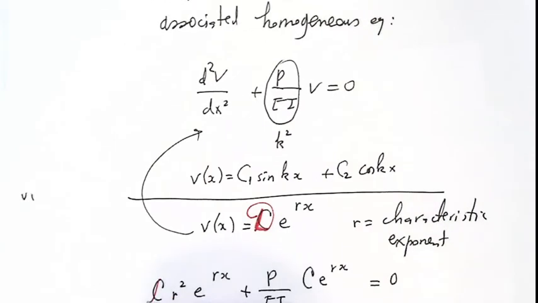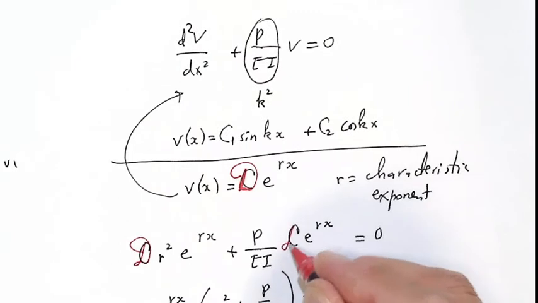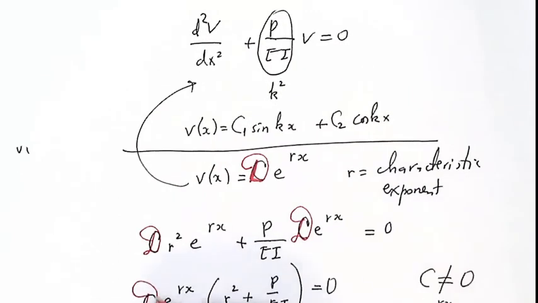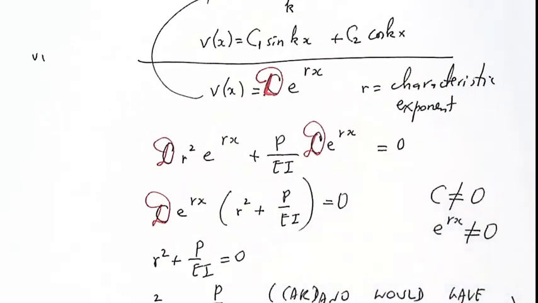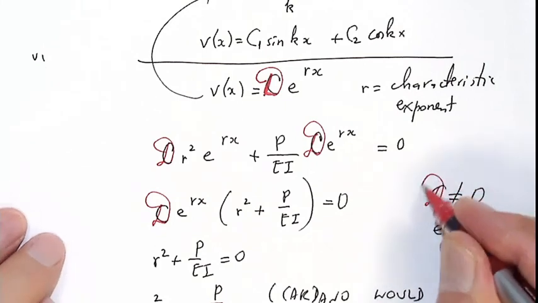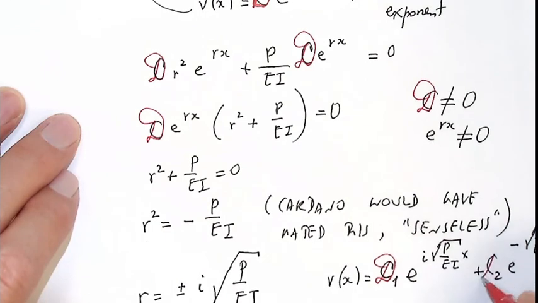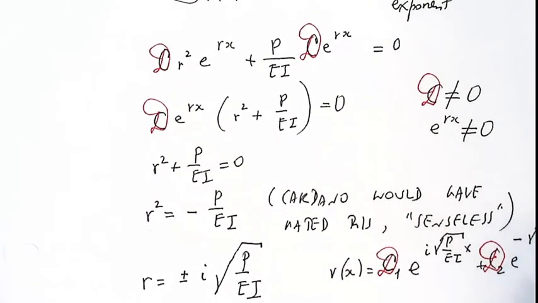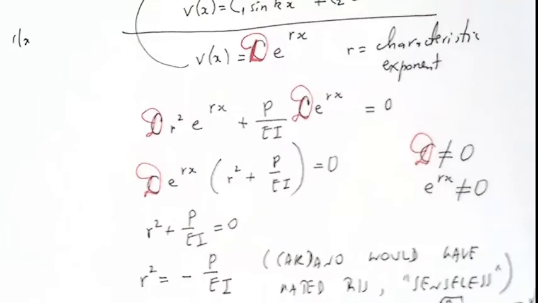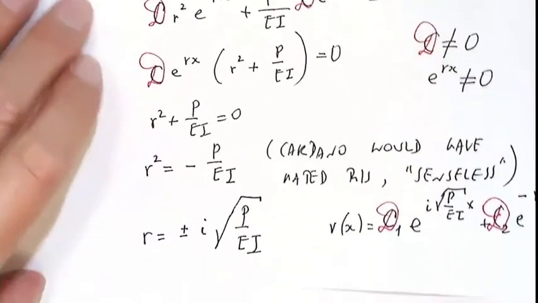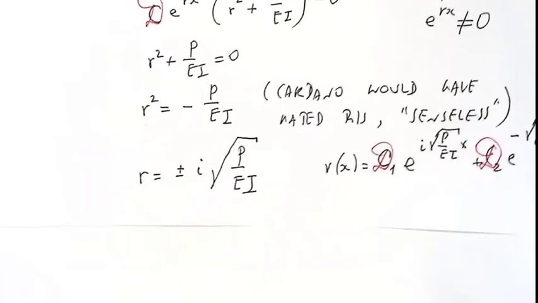So will be d here, and here, and d is not 0. Because why always c? I like d also. I like c, I like d, and I like CDs.